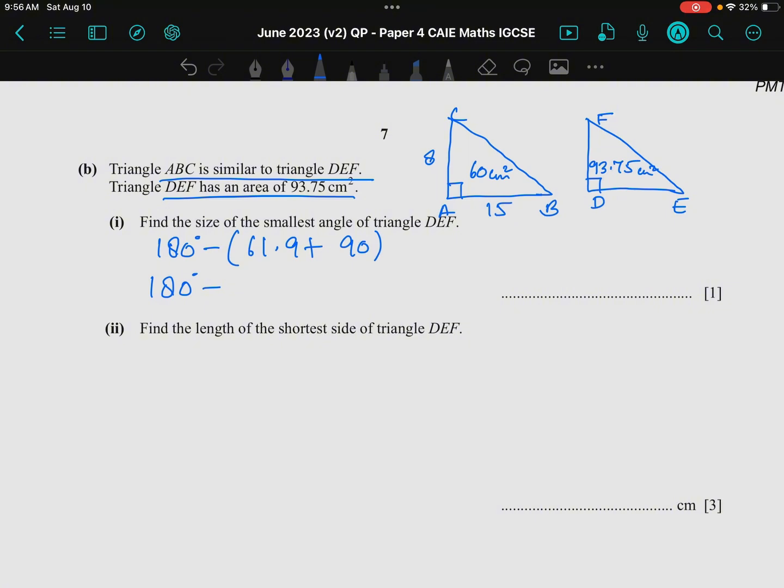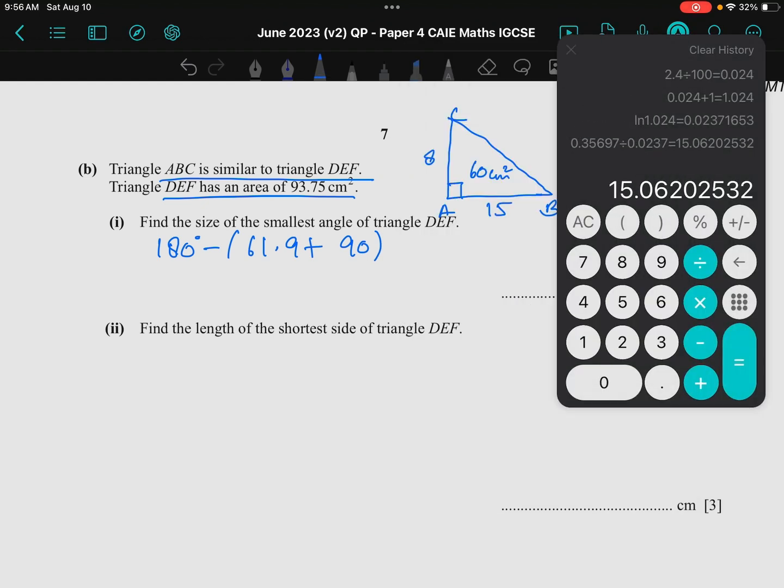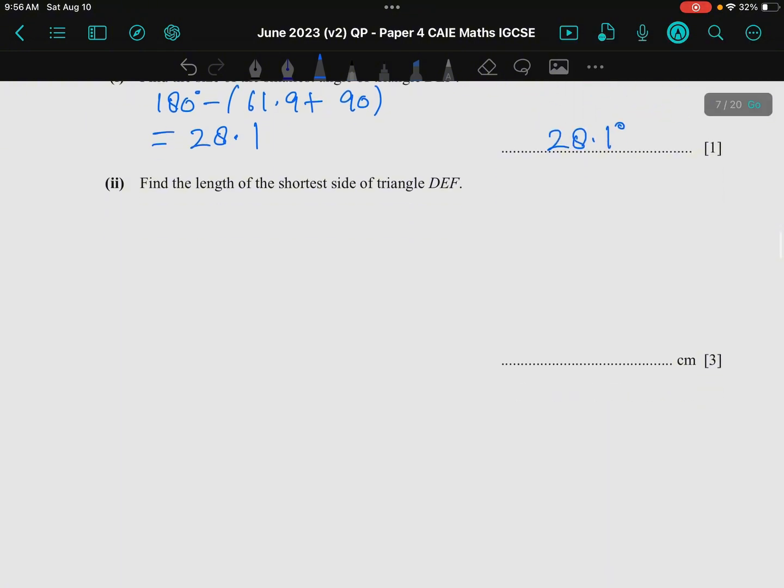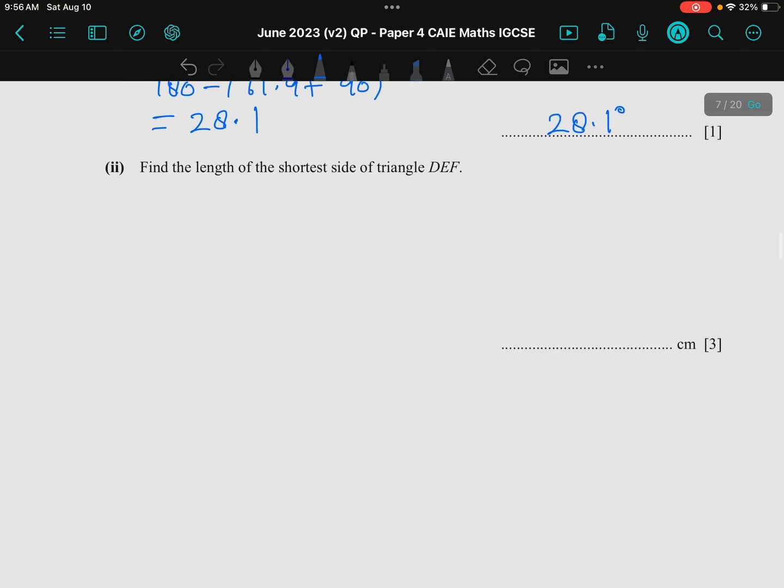So 180 minus, put this in your calculator: 180 minus bracket 61.9 plus 90. So it is 28.1 degrees.